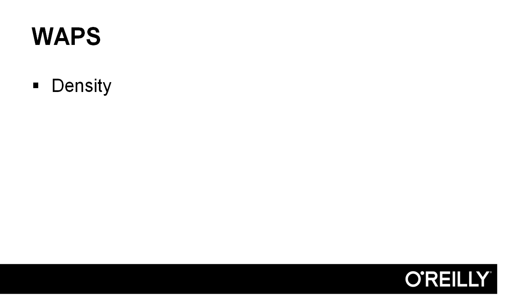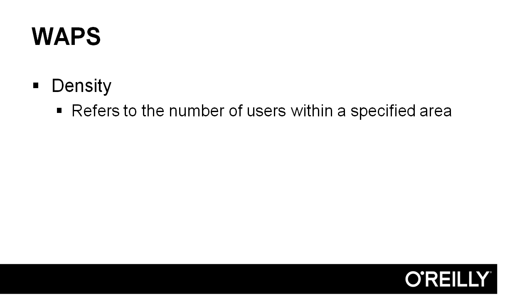First of all, there's a term that you will hear and see on the exam called density, and this refers to the number of users within a specified area. Now notice that's not the number of devices, that's not the number of people on the network, but that's the number of users. Now think about this. If I'm going to put a wireless access point, say in a small restaurant, well, how many users are going to be in there, right?